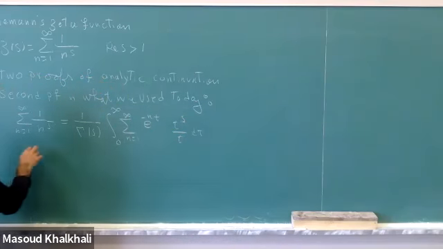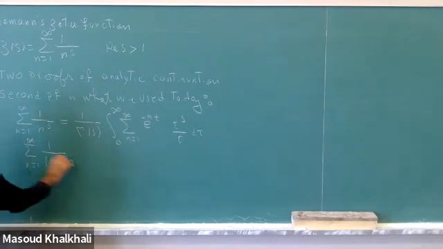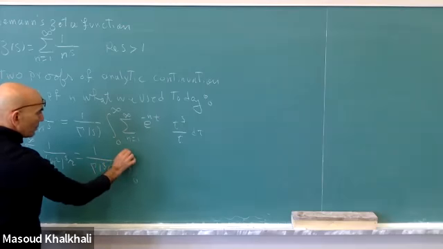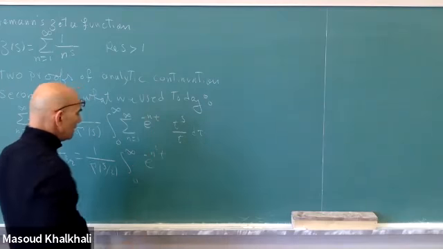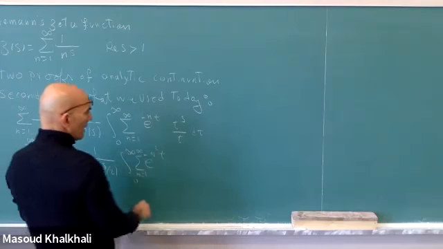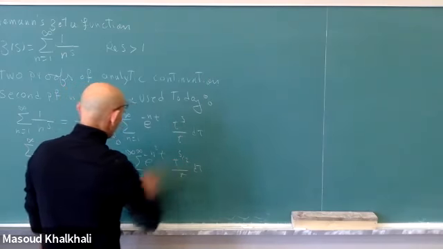However, he did something very smart. He didn't approach it like this. He did it like this: the sum of 1 over n squared to the s over 2, from 1 to infinity, is equal to 1 over gamma of s over 2, the integral from 0 to infinity of the sum of exponential of minus n squared pi t, n from 1 to infinity, times t to the power s over 2 over t dt.